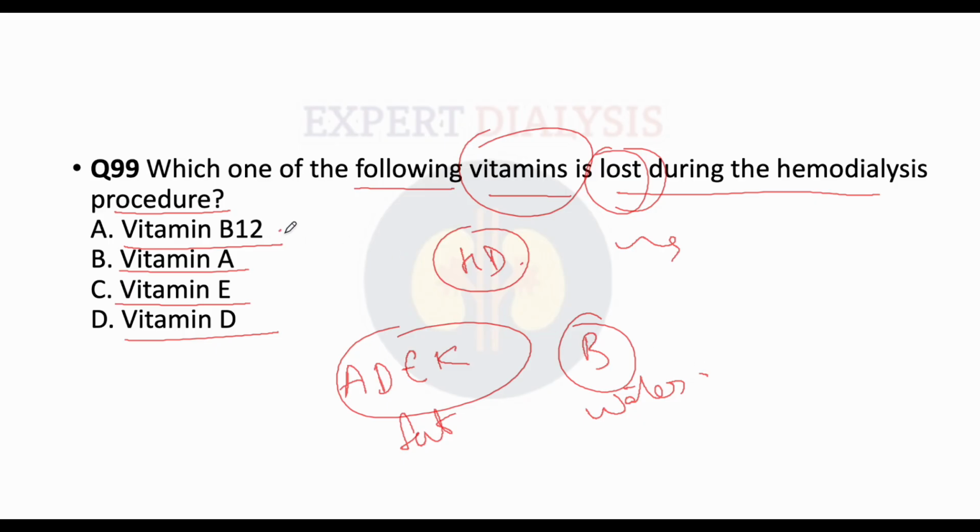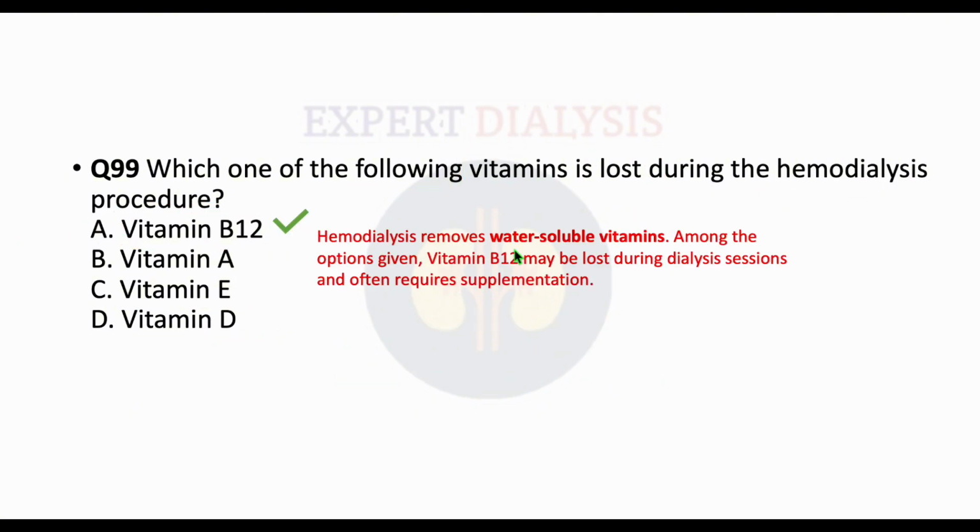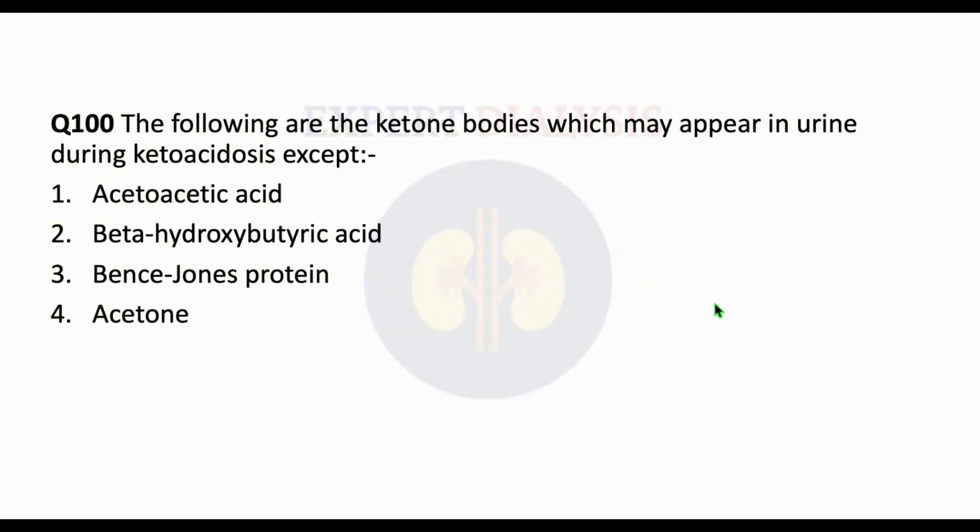Since B12 is the only option that is water soluble and can be easily removed during hemodialysis, the answer will be vitamin B12. Hemodialysis removes water soluble vitamins. Among the options given, vitamin B12 may be lost during dialysis sessions and often requires supplementation.